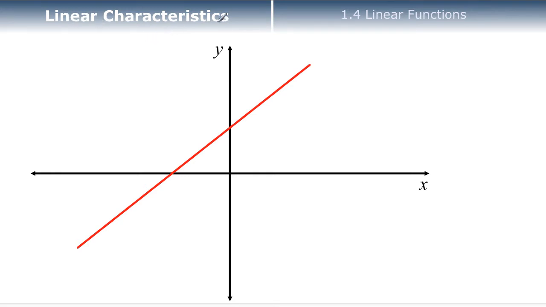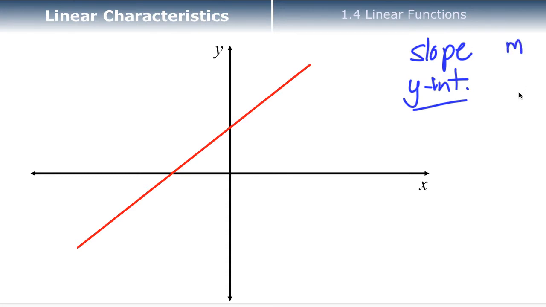If I have a linear function, lines can be defined using basically two characteristics. And you've probably seen them before. I can define any line based on its slope and based on its position, or the place where it crosses the y-axis, the y-intercept. We actually have letters for those.